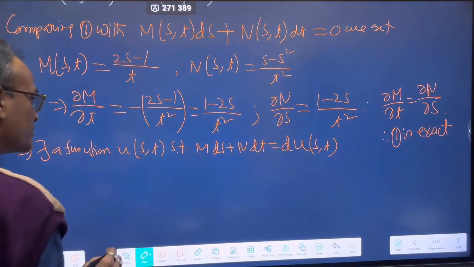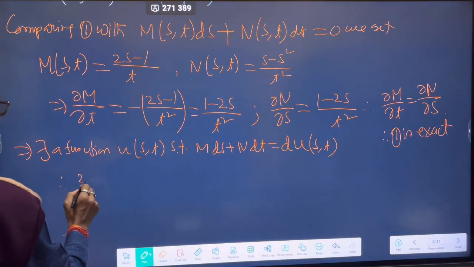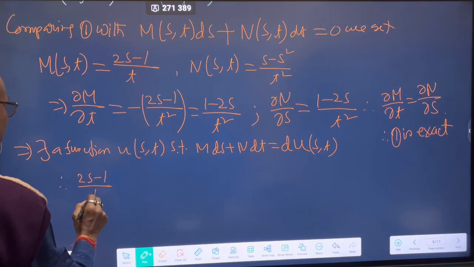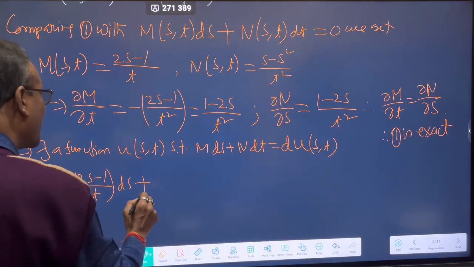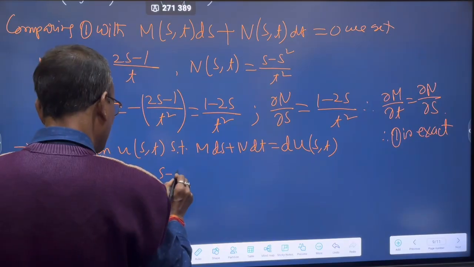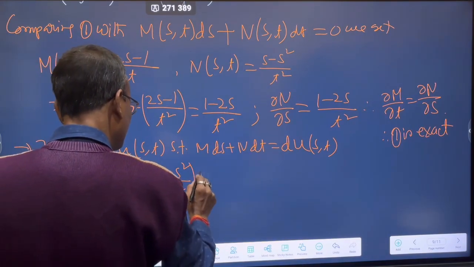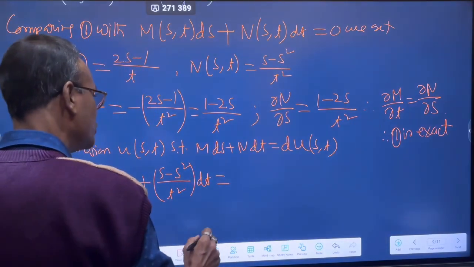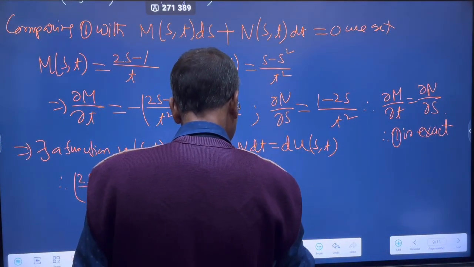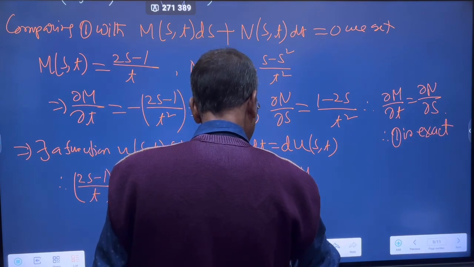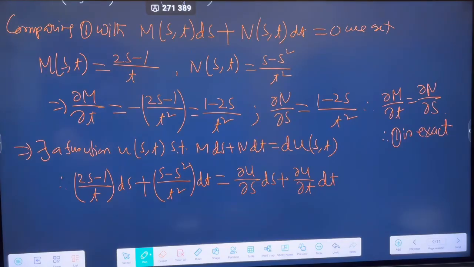Therefore, twice s minus 1 divided by t ds plus s minus s square divided by t square dt is equal to del u by del s ds plus del u by del t dt.